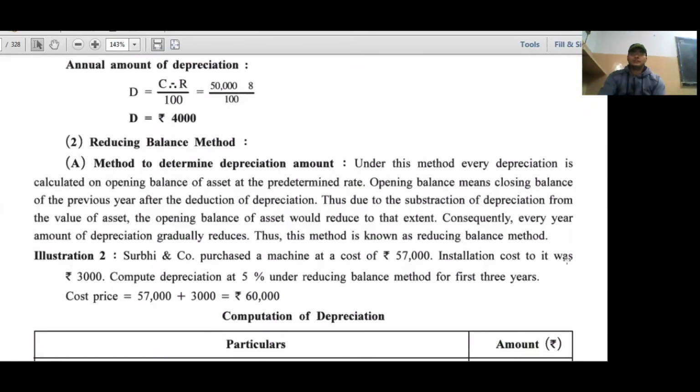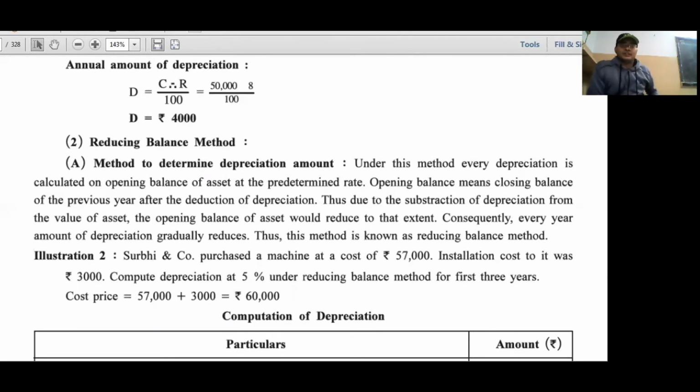Now there is another method that we call the reducing balance method. We can call it written down value, that is WDV or RBM. Here the depreciation value changes every year.